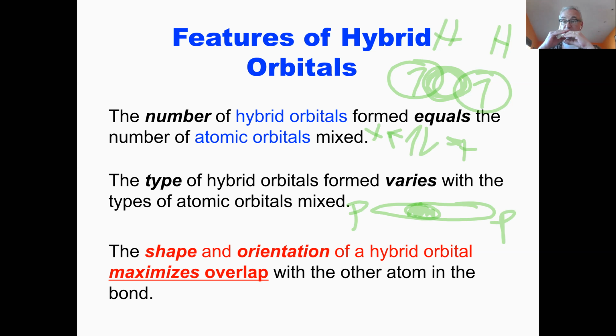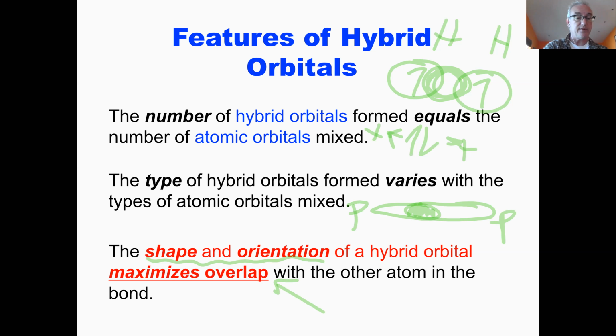You want to keep the electron density in as small an area as possible. The smaller the area, the stronger the bond. And so the shape and orientation of these hybrid orbitals helps to maximize overlap. It lessens the space, and so it increases the overlap, and you get stronger bonds.